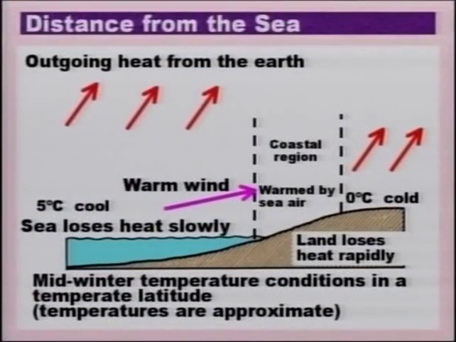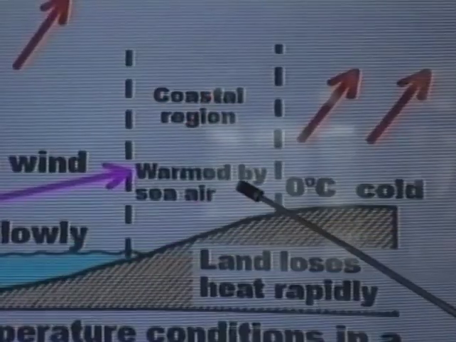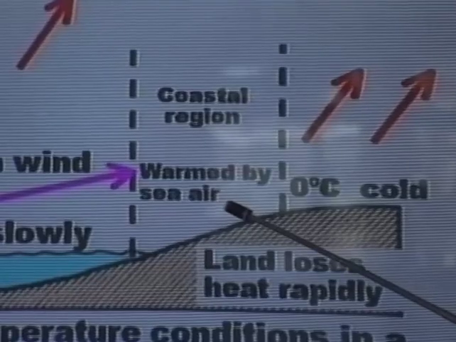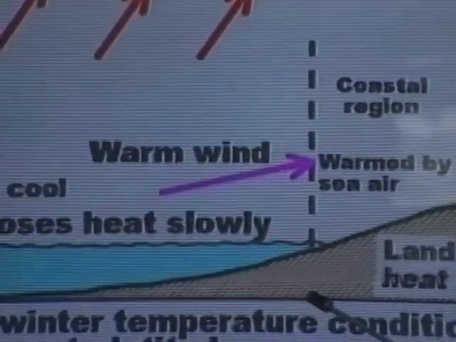The sea heats up slower. More heat is actually kept here. That heat, therefore, is used to warm up the coastal region. Therefore, the temperature of the coastal region here would be warmer in mid-winter.